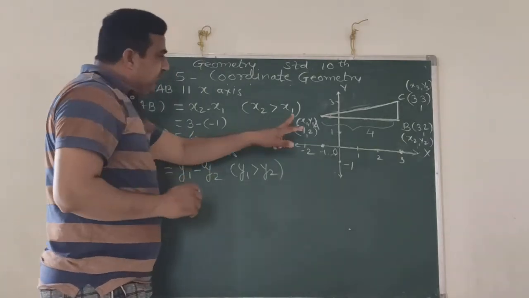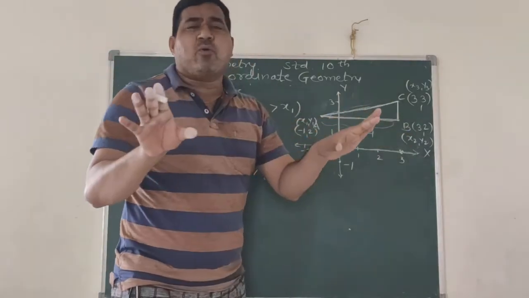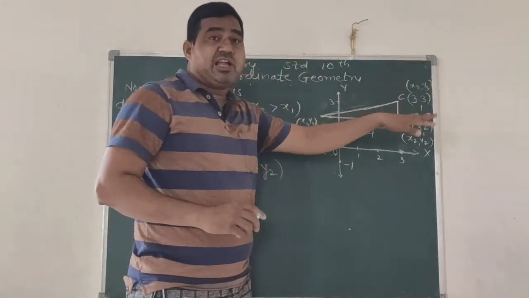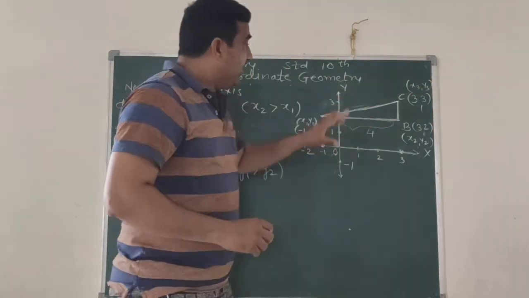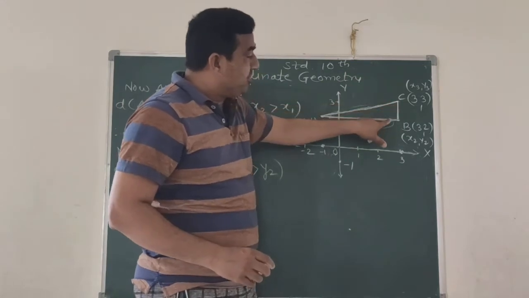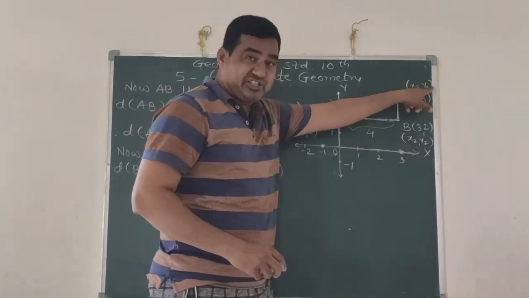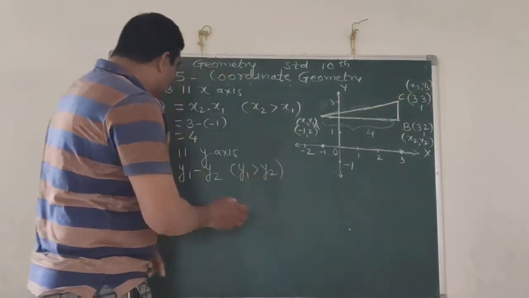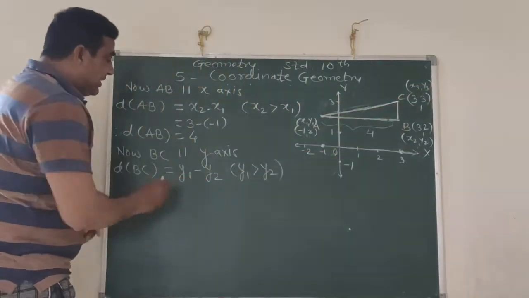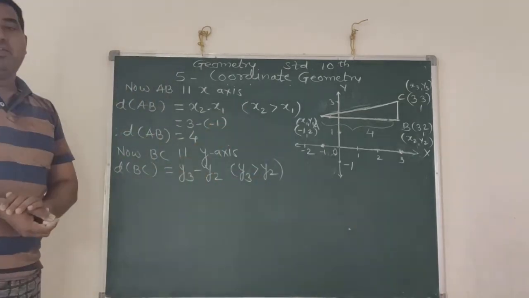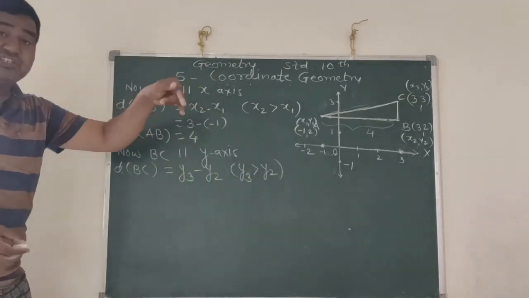Now here, in the first case, we have taken the general formula x2 minus x1, where I have 3 points: x1, y1, x2, y2, x3, y3. Now we are considering these 2 points. For this I have taken x2, y2, and for this I have taken x3, y3. So here we have to modify the formula. That will be y3 minus y2, provided y3 is greater than y2.